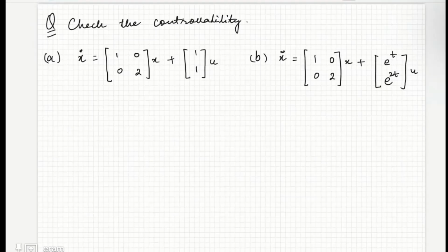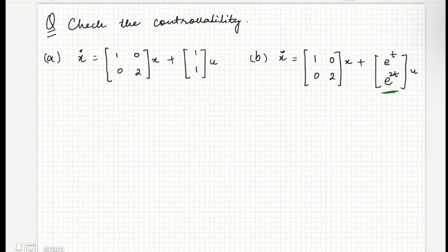Okay, let's solve this question. The first system is a simple linear time invariant system, but the second system is a linear system that is time varying because of this time varying matrix B. For the first system, it is very easy.